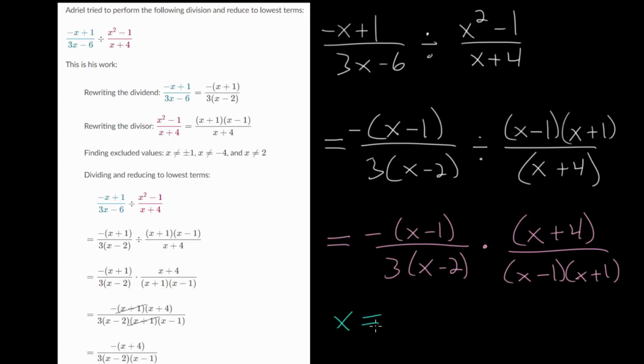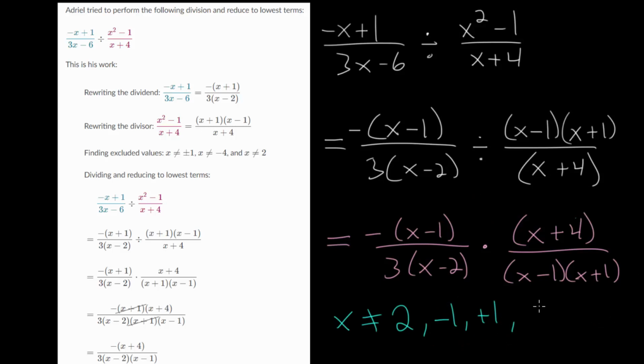So first of all, let's start with that first expression. And notice in the denominator here that x cannot be equal to 2, since then you would divide by 0. And looking at the multiplication here of this second fraction, it looks like x cannot be 1 and it cannot be negative 1. And you can write that as plus or minus 1 all in one term there.